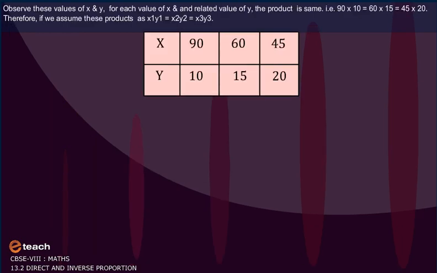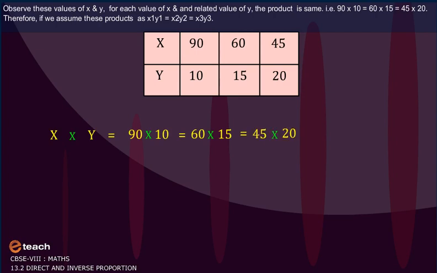Observe these values of x and y. For each value of x and the related value of y, the product is the same. That is, 90 into 10 is equal to 60 into 15 is equal to 45 into 20.